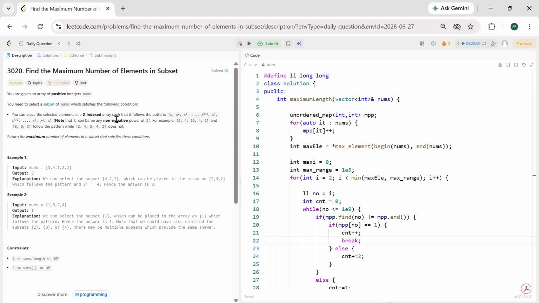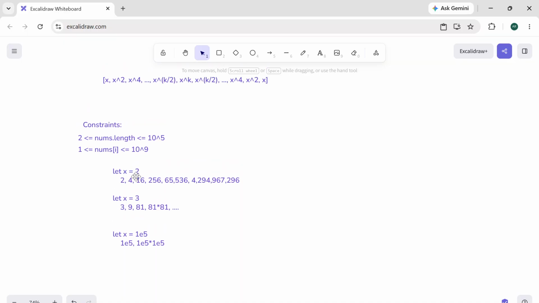What I'll do is assume the value of x to be 2. If I assume x is equal to 2, which pattern can I create from this 2? 2, then 2 into 2 is 4, 4 into 4 is 16, 16 into 16 is 256, 256 into 256 is this particular value, and this into this is nothing but this.